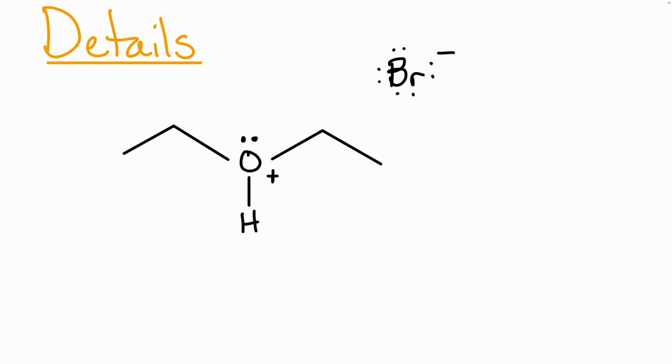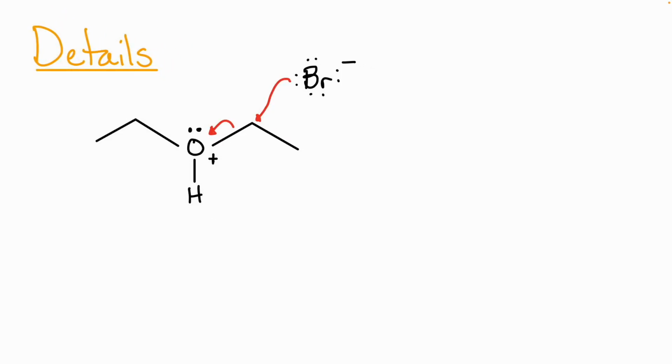And that bromine attacks one of those carbons, breaking that carbon-oxygen bond. That's how we get on the other side our alcohol and our alkyl halide, our alkyl bromide here.